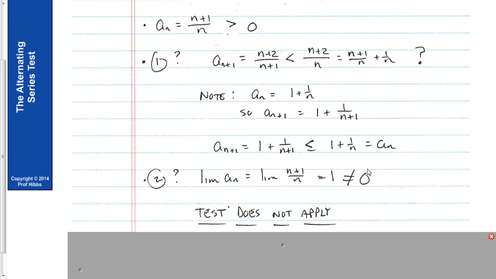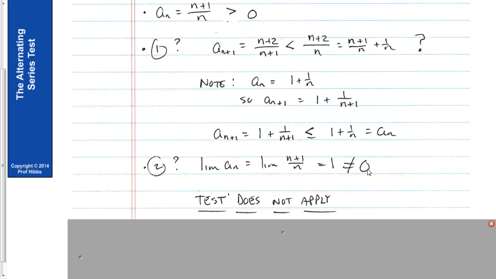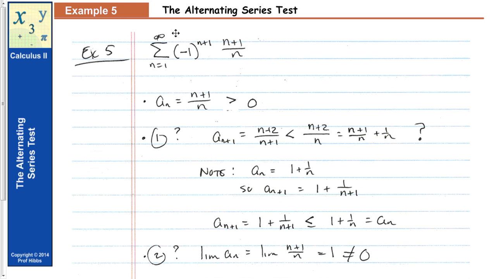Now, that really tells us that the series diverges in this case, because if we looked at the limit of this whole term, including the negative 1 to the power n plus 1, this part's getting close to 1. In some cases, we're getting close to 1, and in some cases, we're getting close to negative 1 as this changes.